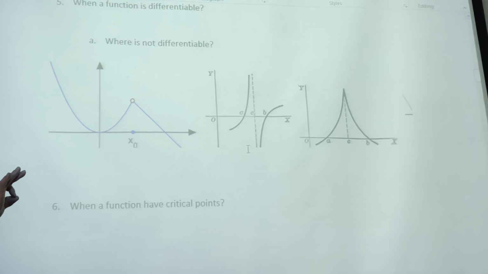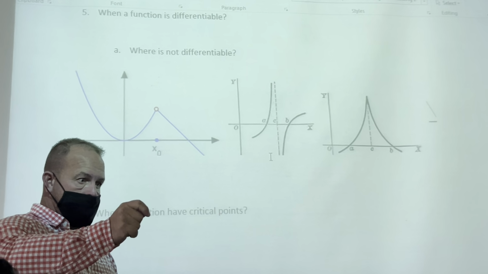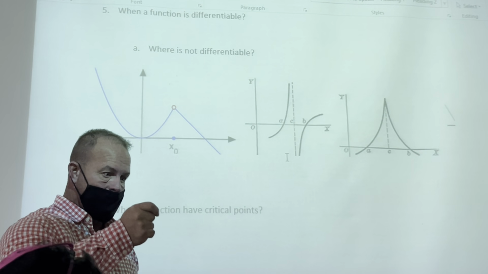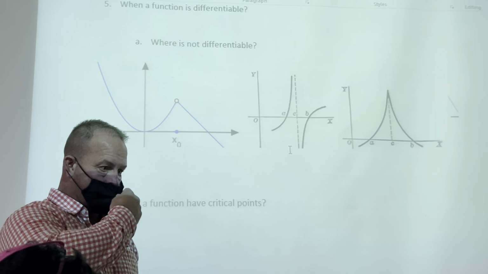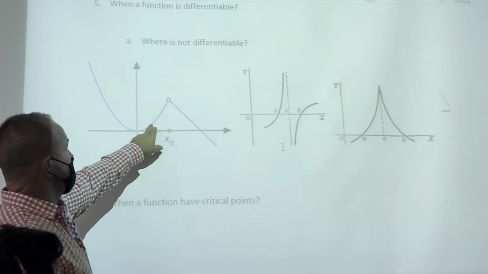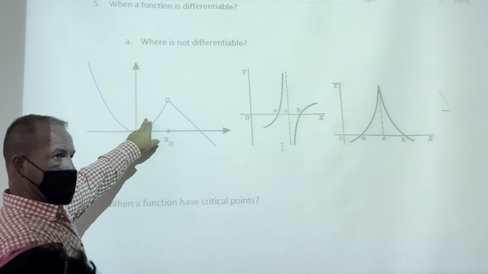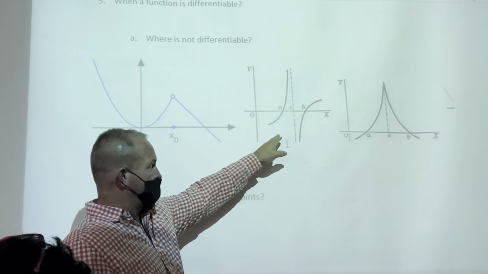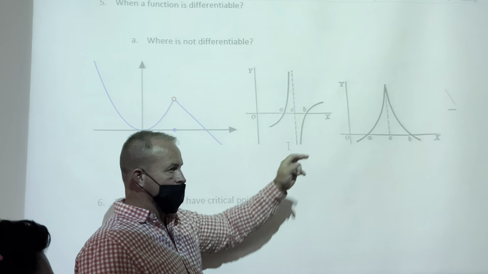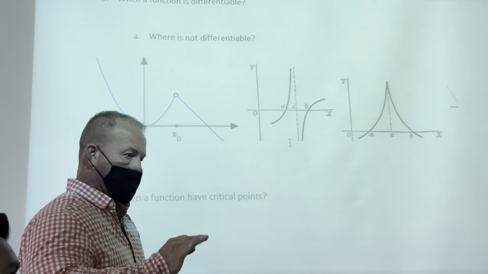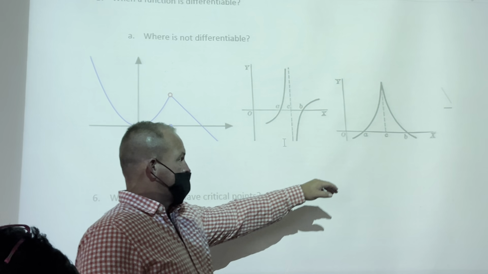Differentiability. To show something's differentiable, F has to be continuous, and F prime has to be continuous. So this is not differentiable because F is not continuous. It's that easy. The last one is the tricky one.